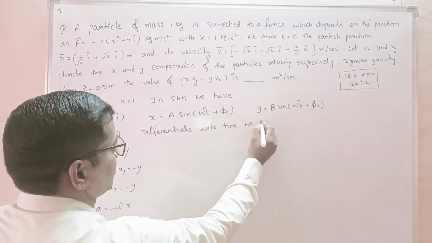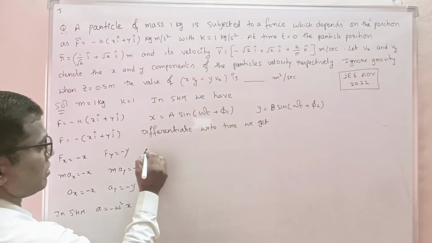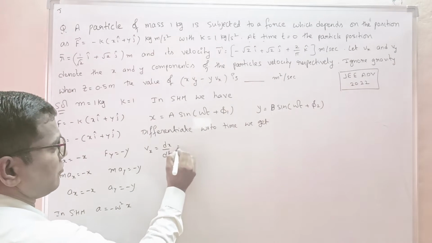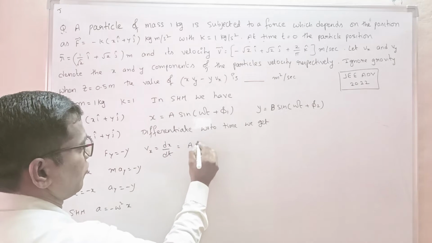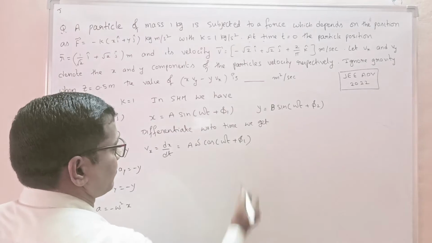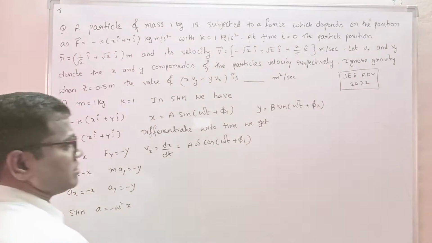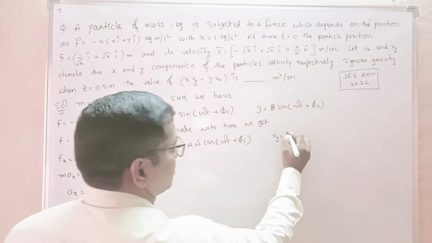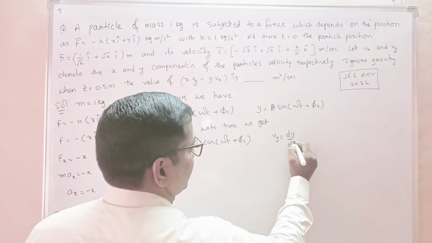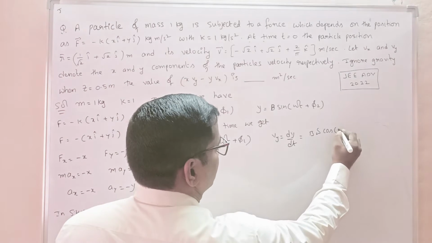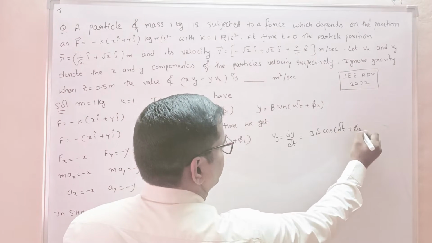We get Vx = dx/dt, which can be written as aω cos(ωt + φ1), and Vy = dy/dt, which can be written as bω cos(ωt + φ2).